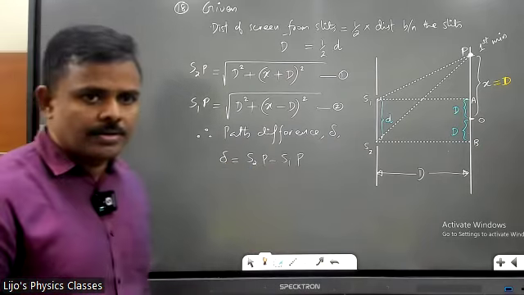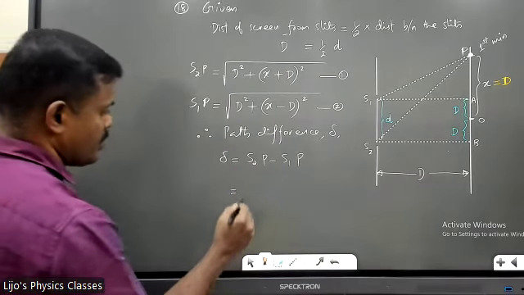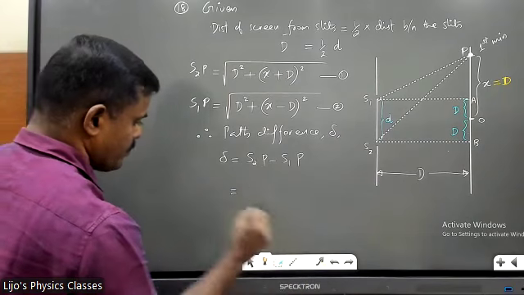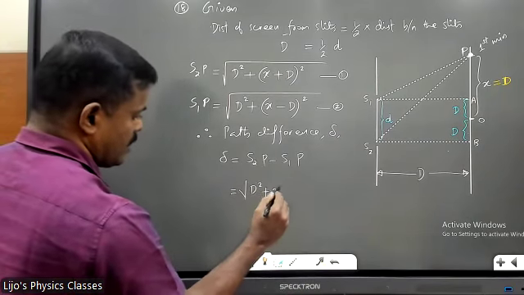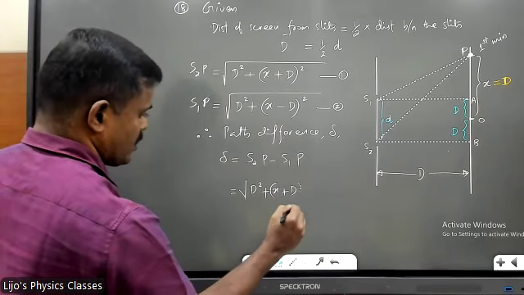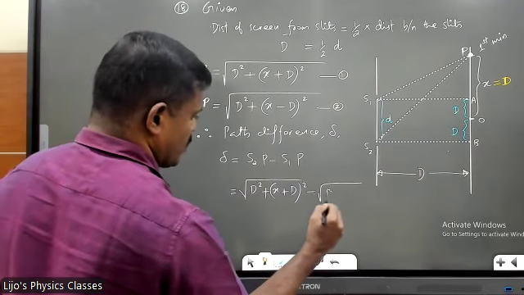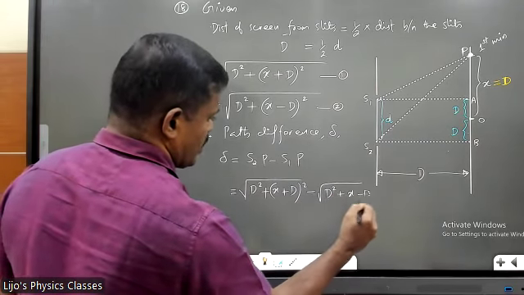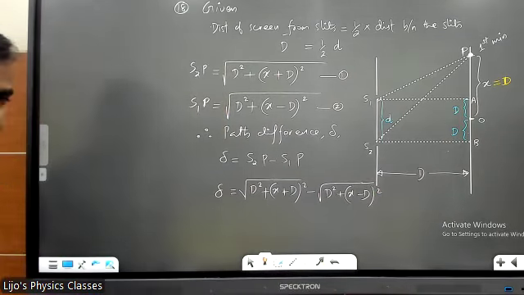Paths are there, no? So path difference, S2P is root of D square plus x plus d the whole square, minus root of D square plus x minus d the whole square. This is path difference, right?